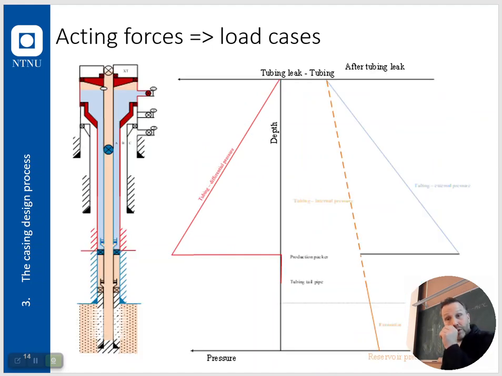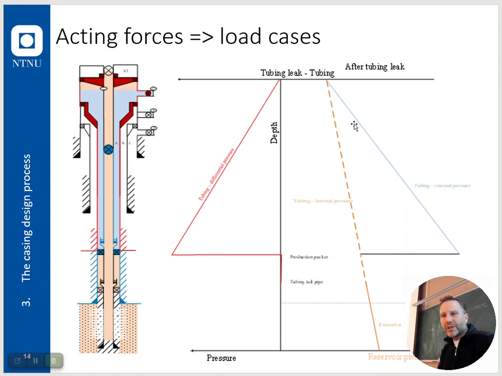And this is what it looks like. It would be zero differential pressure at the leak, right? Before and after. So a collapse pressure as the packer fluid now is on the back of the tubing, and it goes down with the same gradient as the packer fluid.